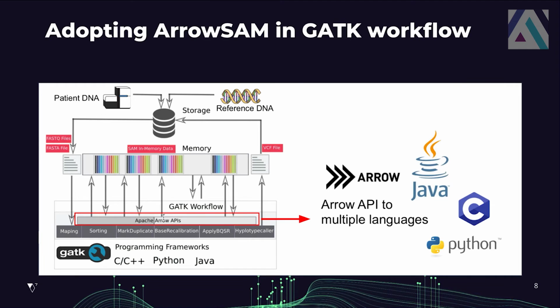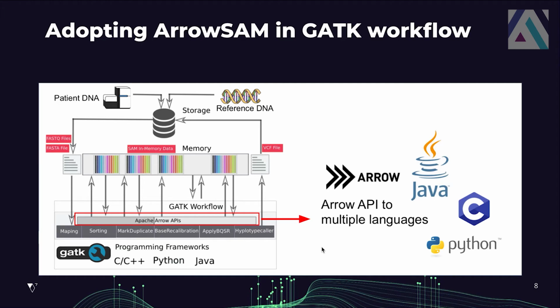In addition, we use the Apache Arrow APIs to be able to access this data in memory without having to modify it or copy it, which allows us to access the data in different programming languages such as Java, C, and Python that are used to implement the various different stages of the GATK workflow.